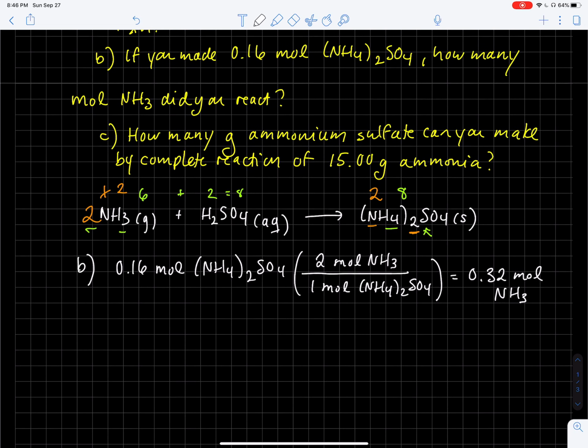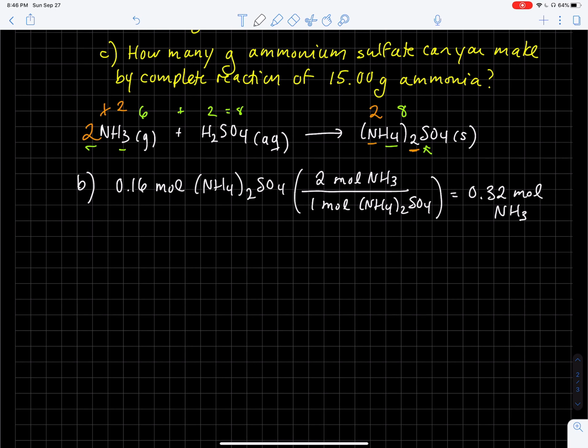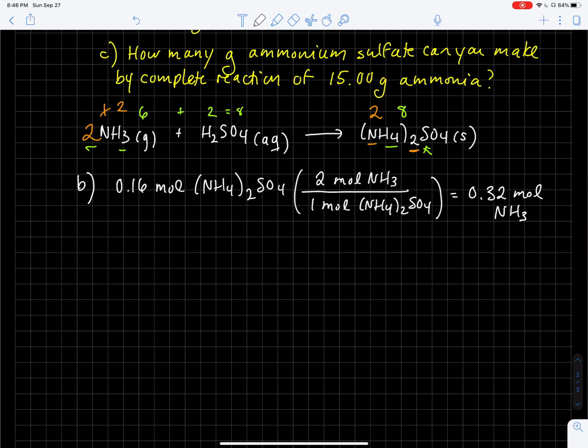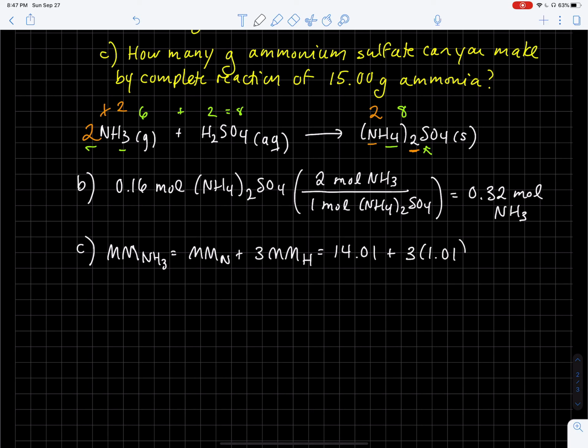And then the last one uses grams. How many grams of ammonium sulfate can you make by complete reaction of 15 grams of ammonia? So I'm going to need 2 molar masses here. I can see I'm going to need the molar mass of ammonia, which is the molar mass of nitrogen plus 3 times the molar mass of hydrogen. So nitrogen is 14.01.